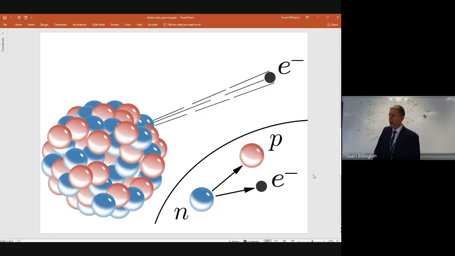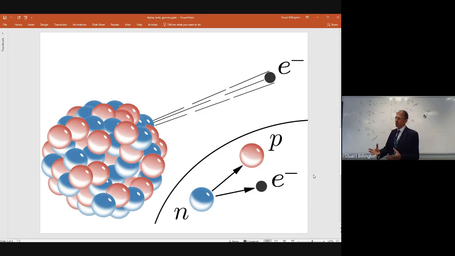Who knew? And you can think of the electron as like the false moustache that it throws away that goes flying out of the nucleus. So it's not really true that a neutron is a proton and an electron. It's a neutron. It's a thing in its own right. But a neutron can turn into a proton and electron.